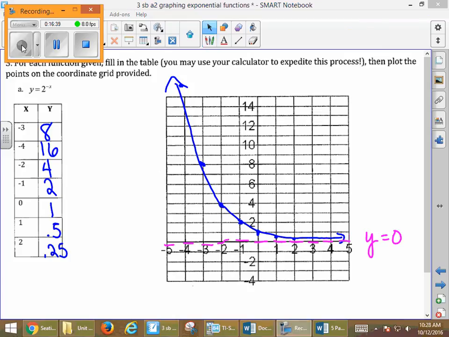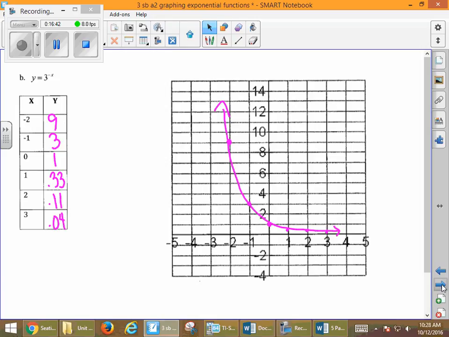So as we check our answers here, there is our graph of B. When we look at this, do we have an asymptote at y equals 0? And if we draw in our line here, we do.